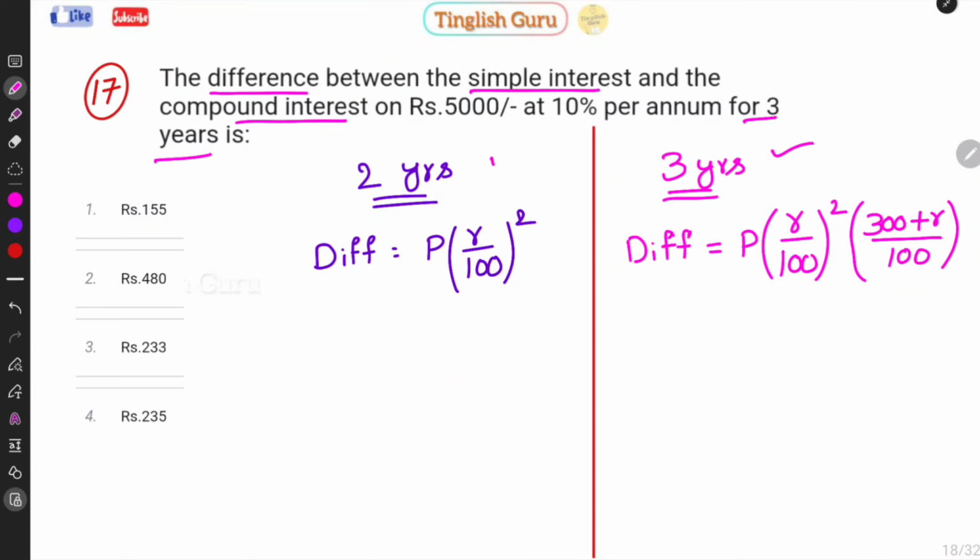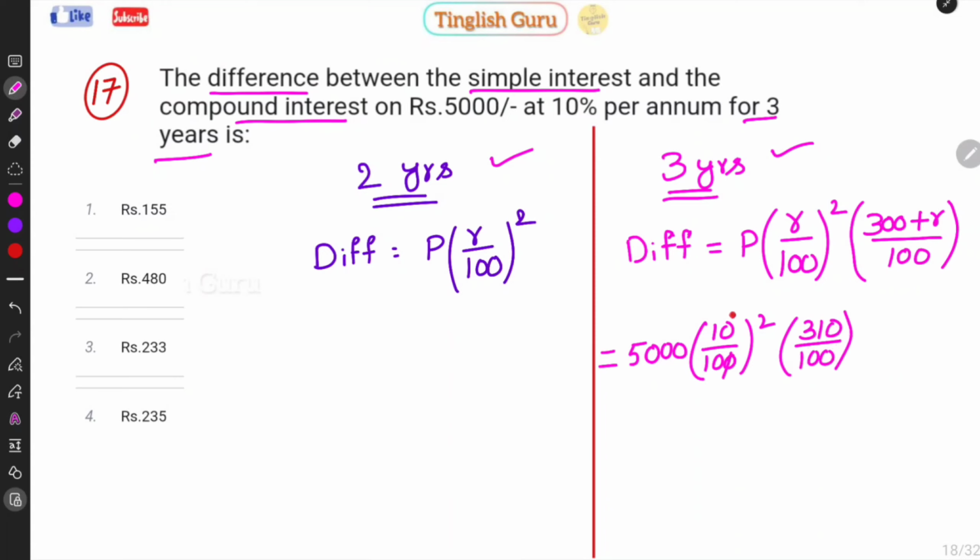If the difference is asked for 2 years, then the difference is equal to P into r by 100 whole square. In our question we are asked for 3 years, so what is the principal? 5000, into what is the interest, 10% divided by 100 whole square, into 300 plus 10, 310 divided by 100.